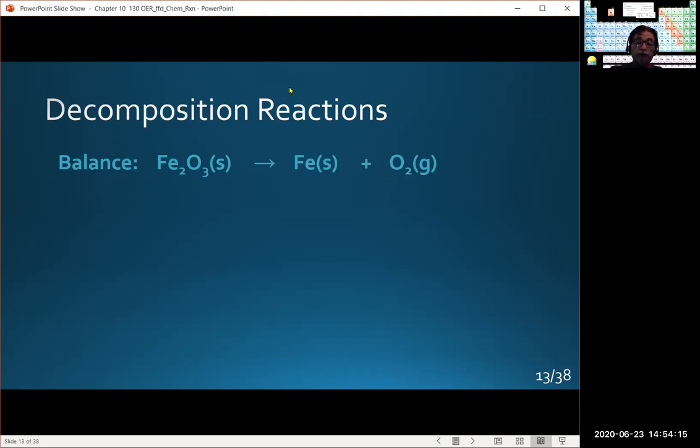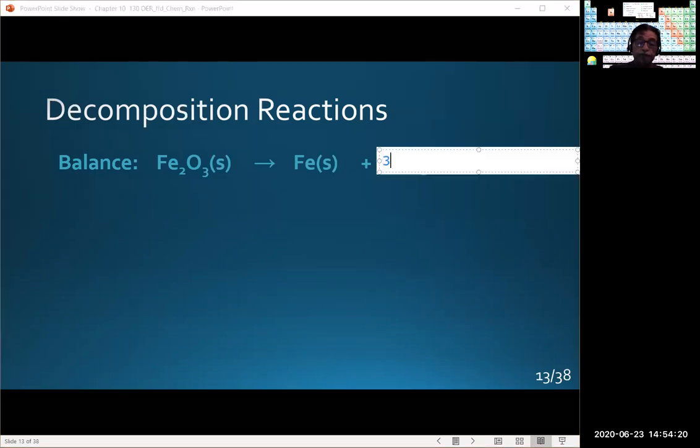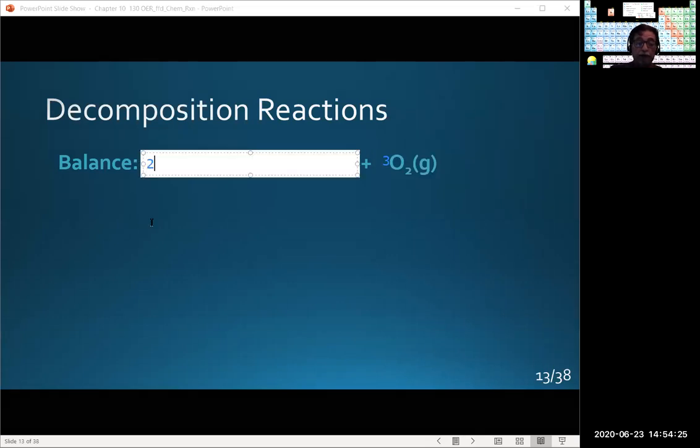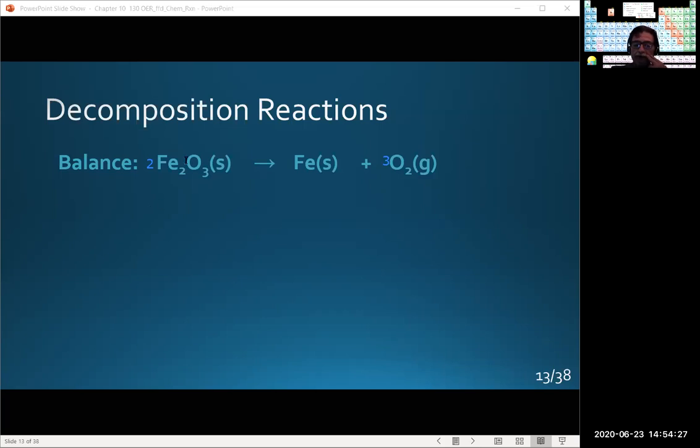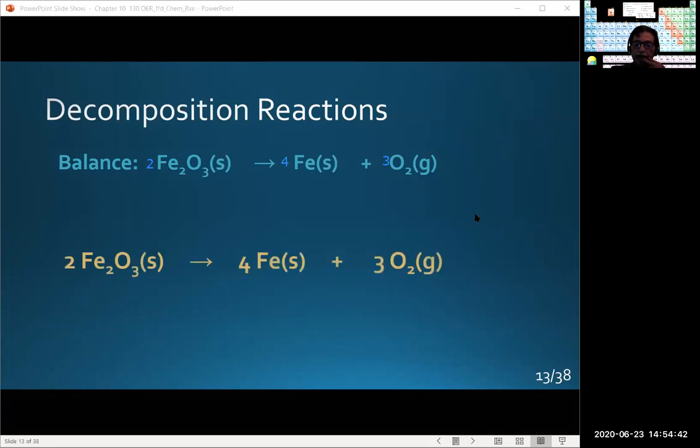For example, let's do that: if I put a 3 there and a 2 there, that balances out my oxygens, which then kicks up my iron to 4, so I can put a 4 here. And that looks like it's balanced. Yeah, sure enough. Decomposition reaction.